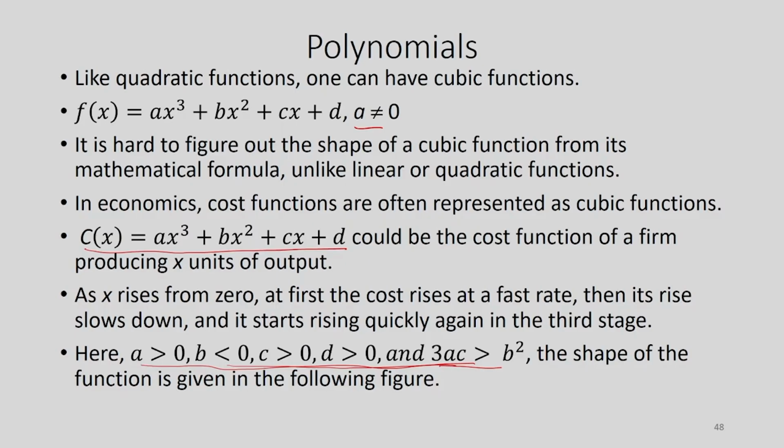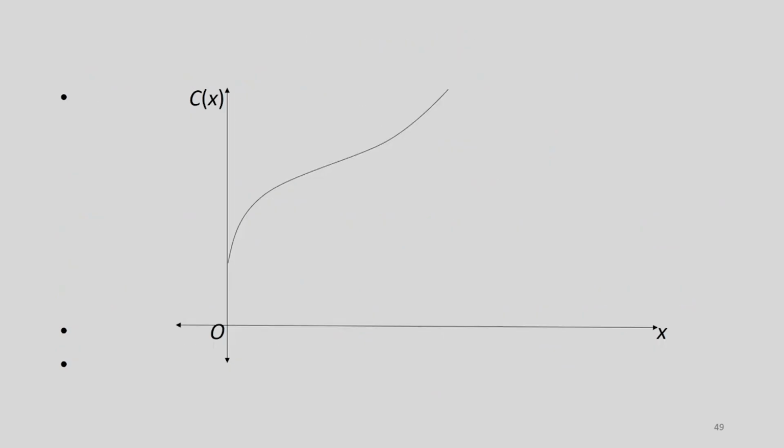The shape of the function is given by the following figure. Here on the x axis you have the output levels of the firm, and along the y axis you have the cost, and you can see that the function actually behaves the way I just described.